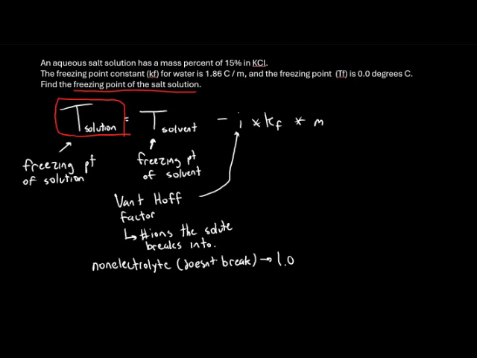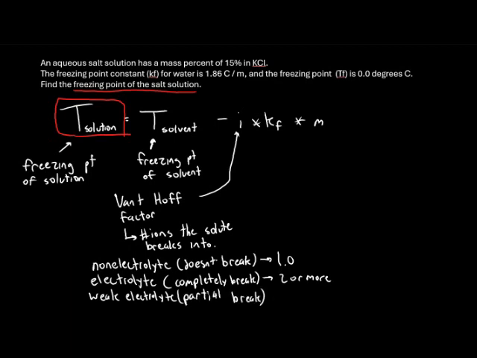Now, for solutes that are completely soluble or are considered strong electrolytes, they will break into pieces. A strong electrolyte will break into at least 2 pieces. For some electrolytes, we could have more. We also have weak electrolytes that are slightly soluble and only break a little bit.